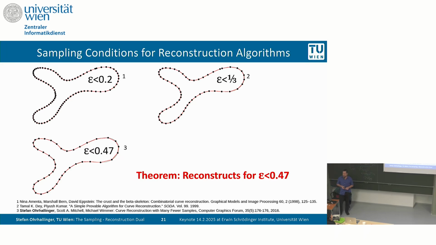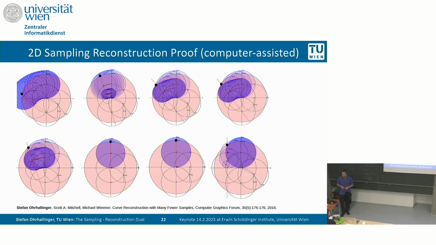This was too complex to prove in the classical way. We would have to write a very long proof, and reviewers would have to check it. So what we did here is a computational, computer-assisted proof. Basically, we have a point here, a sample, and then we have a hypothetical next sample, depending on the angle to the next point on a curve.